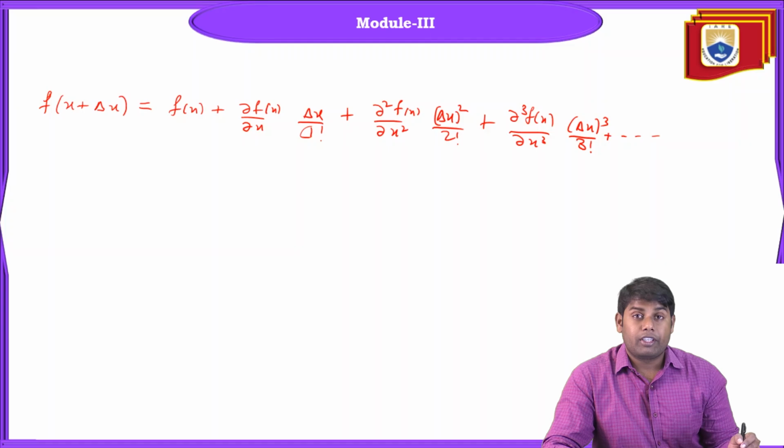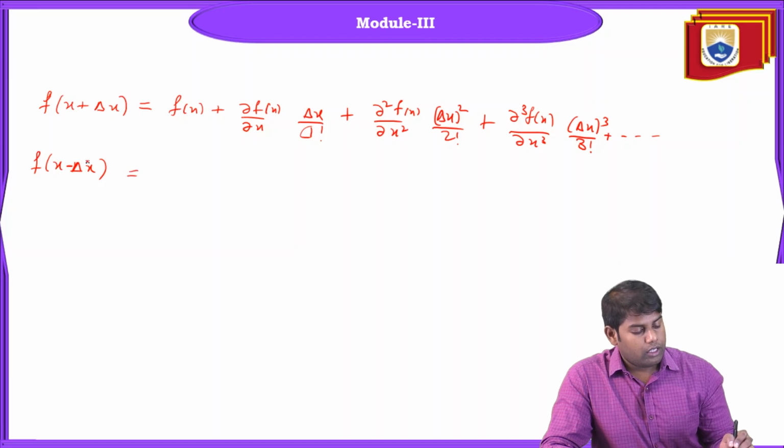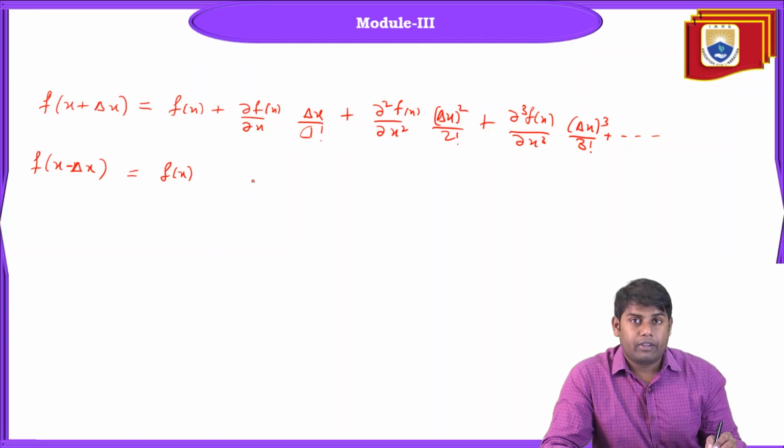Similarly, we need to see the backward difference, f of x minus delta x. Here you can see the formulation: f of x, then the odd derivative terms have the negative symbol and the even derivative terms have the positive symbol.